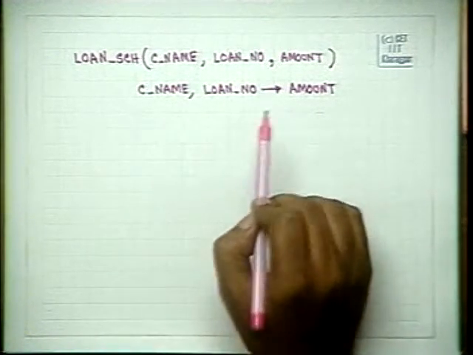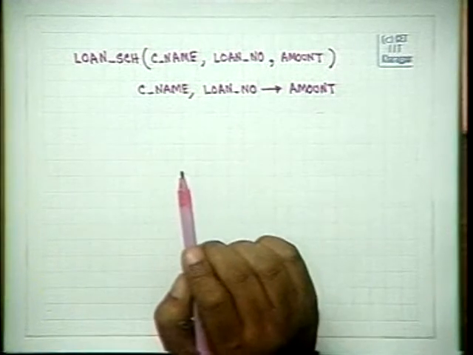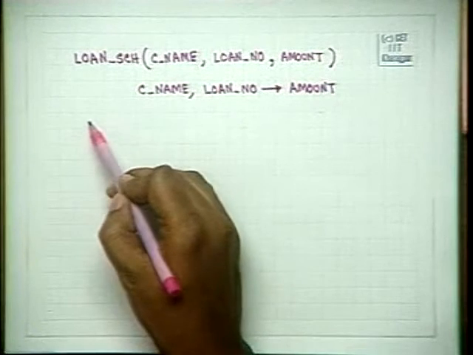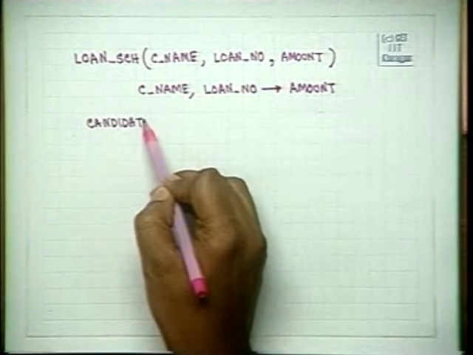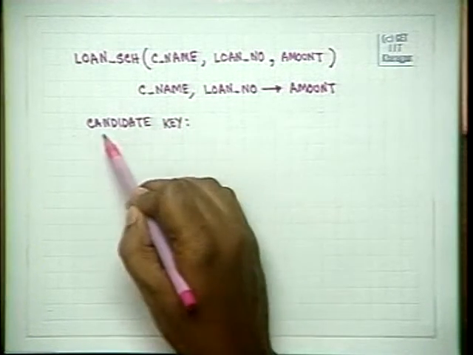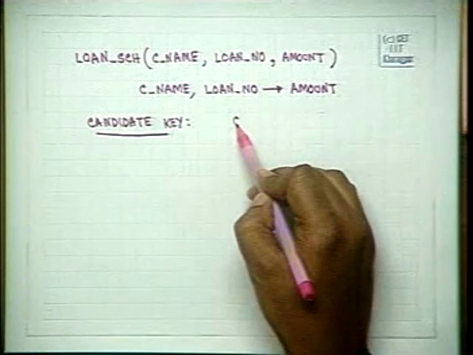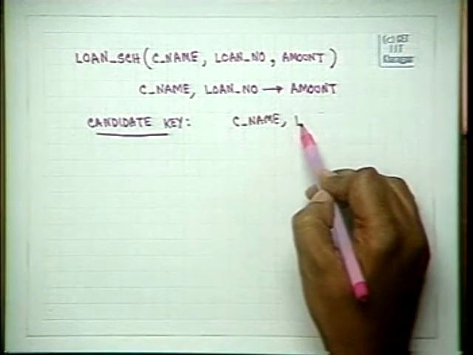Now here we will see what is the primary key or what is the candidate key. CNAME, comma loan number.